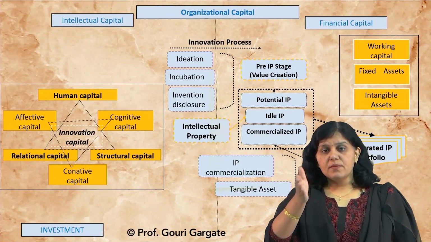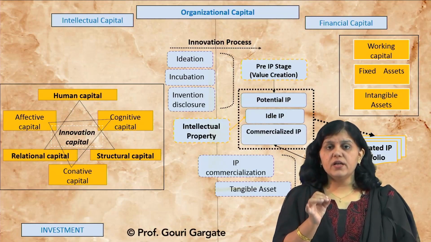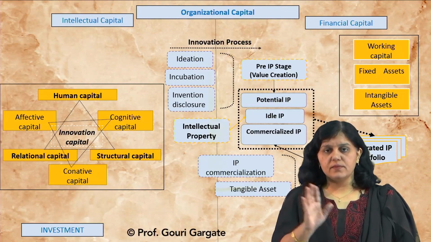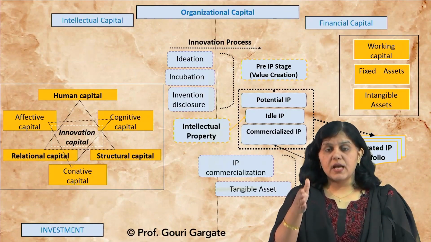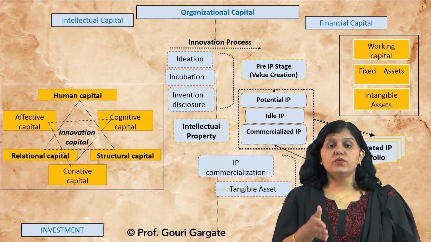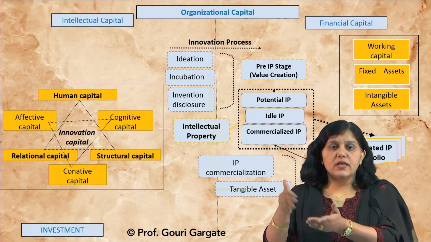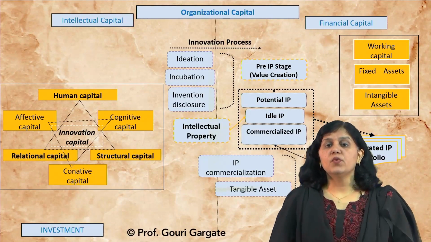It comes as a cycle: the first patent is filed, and within a year you will file another patent, which is a complete specification, fully done. Therefore you can have a portfolio of three IPs in 3 stages. One is already in commercialization, one is just filed, that is idle IP, and one is a potential IP.